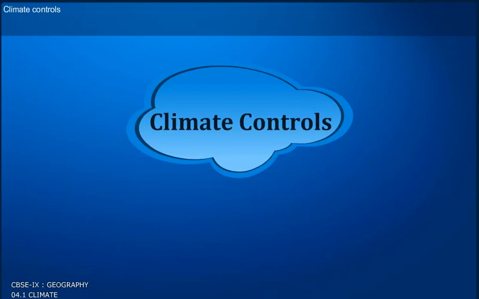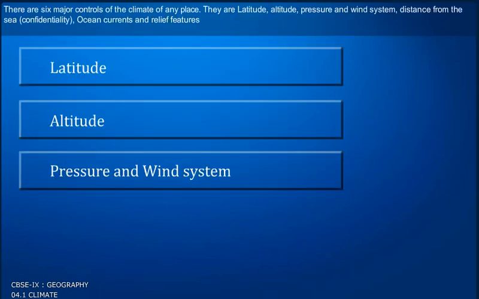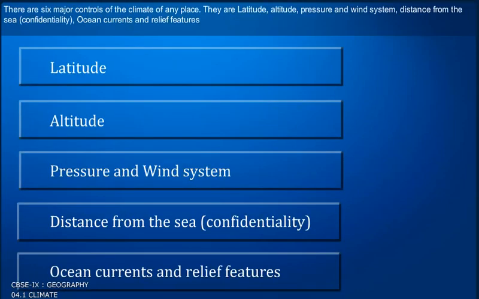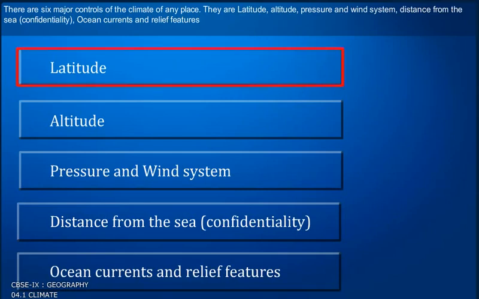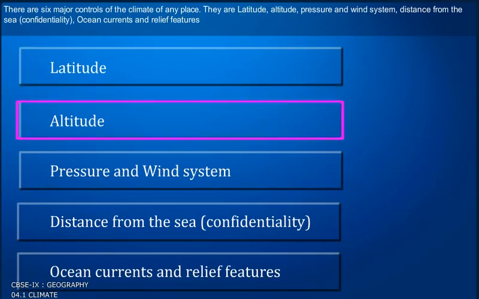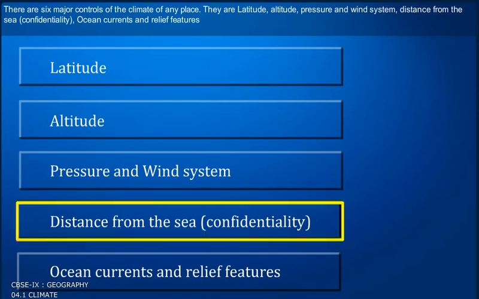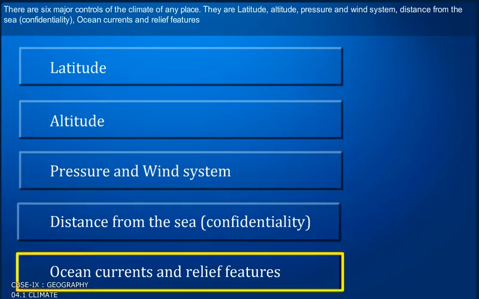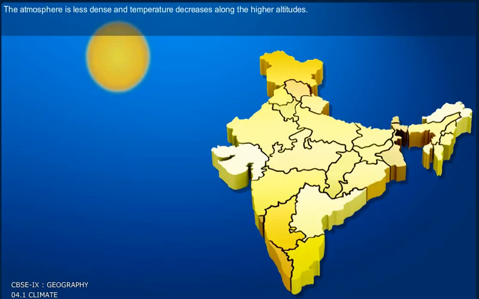Climate controls. There are major controls of the climate of any place. They are latitude, altitude, pressure and wind system, distance from the sea, continentality, ocean currents, and relief features. The atmosphere is less dense and temperature decreases along the higher altitudes.